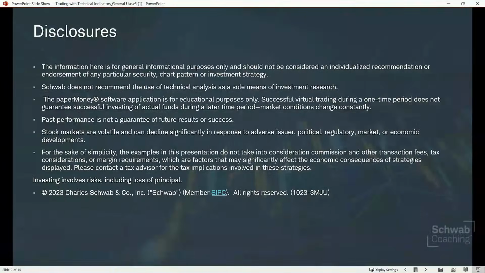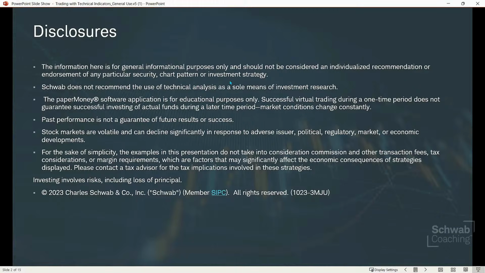Now, as we talk about this topic, trading with indicators, remember we're going to talk about this from an educational point of view. They are examples, okay? Also remember that the information here is for general information purposes, not considered an individualized recommendation or endorsement of any particular strategy, chart pattern, or investment strategy.